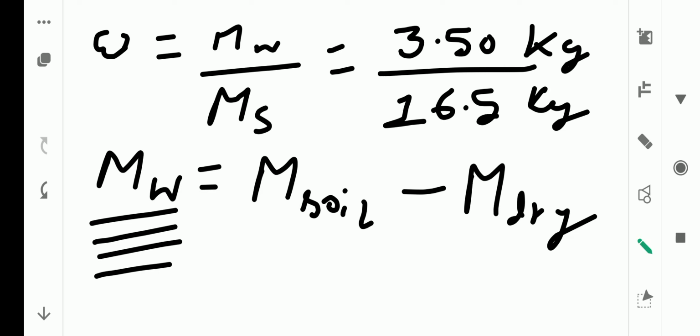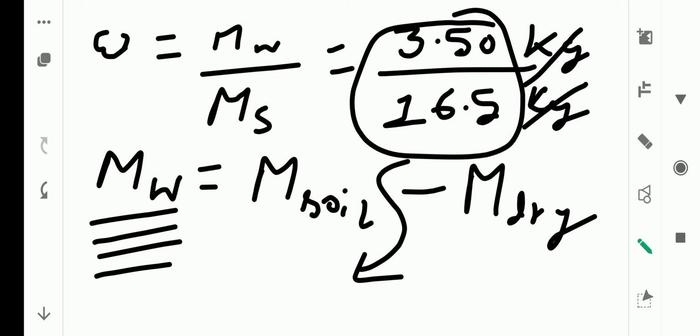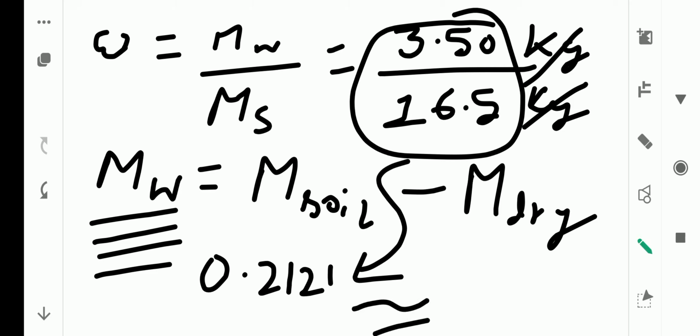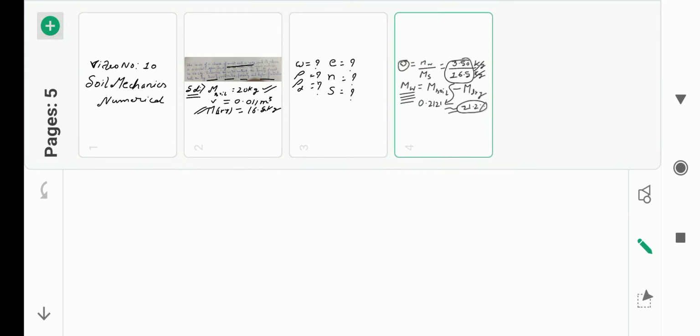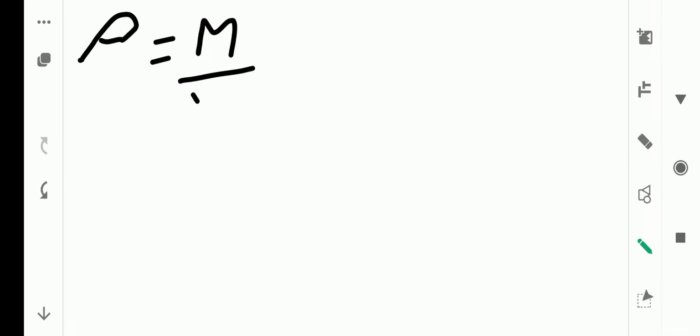And thus what we get as water content? 0.2121. If we multiply it by 100, we get 21.21%. So we get water content as 21.2%. Now we know that bulk density is nothing but mass by volume.